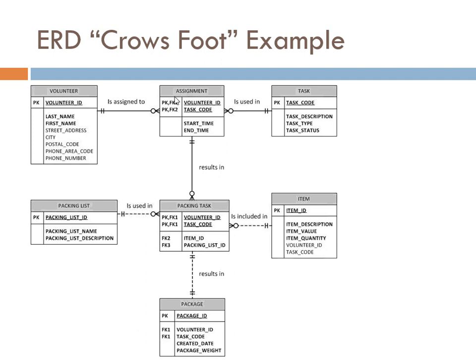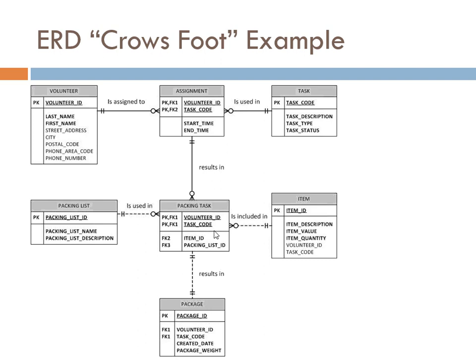The boxes here are the entities, the things that we're wanting to track in the system. And at just a glance, it's obvious to me, unless they've just misnamed things to fool me, and I just pulled this off the internet 2 minutes ago, that this is some kind of system about volunteers doing packing of items and putting them into a package.